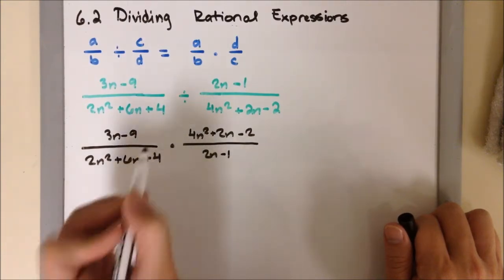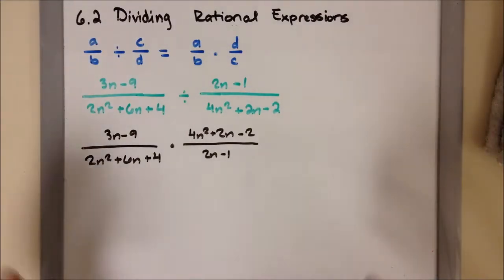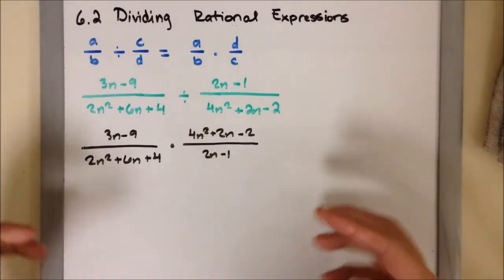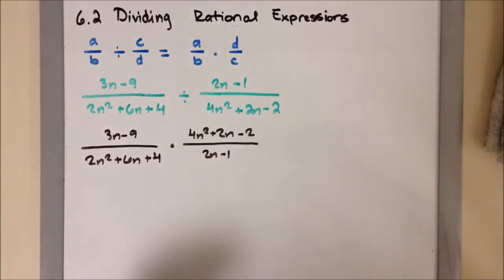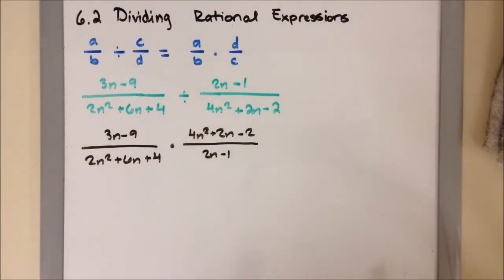Now we have multiplication. You can put the fractions together as one big fraction, but if you do that, make sure you include parentheses on each term.